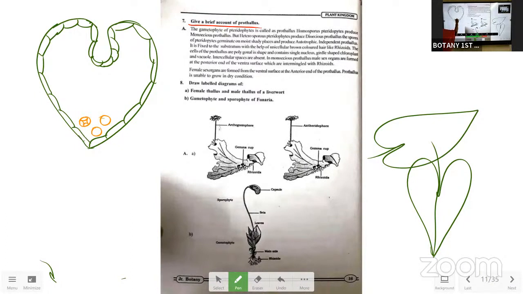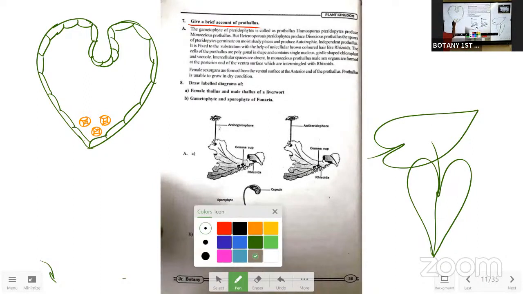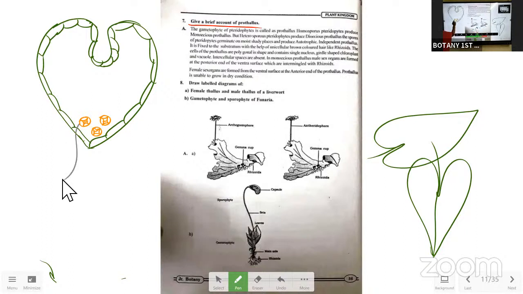See how I am drawing. Like that only you need to draw in the exam also. Now come the rhizoids, hair-like structures which help in fixing the prothallus to the soil surface. Otherwise, the prothallus would float on the water surface.